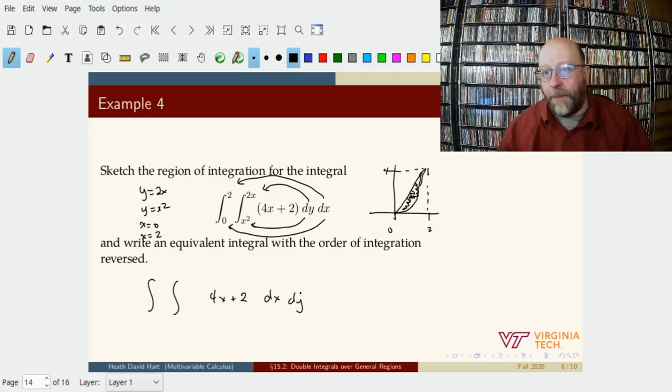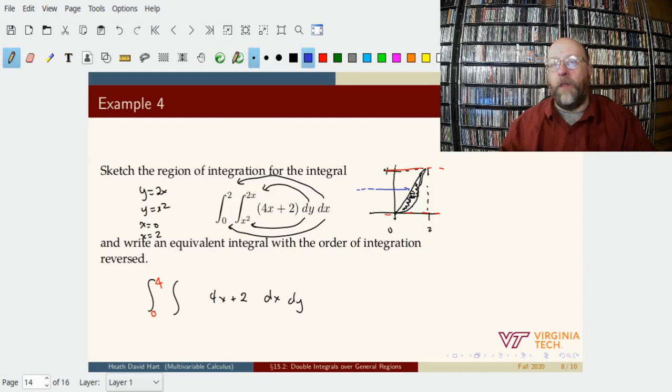So if we set it up in the opposite order, dx dy, I want numerical boundaries for y. What are just the largest and smallest y values we can have? Those are 0 and 4. And then if I take an arrow between 0 and 4 and enter the shape, notice that in the x direction, we're entering the shape along the diagonal line instead of along the parabola.